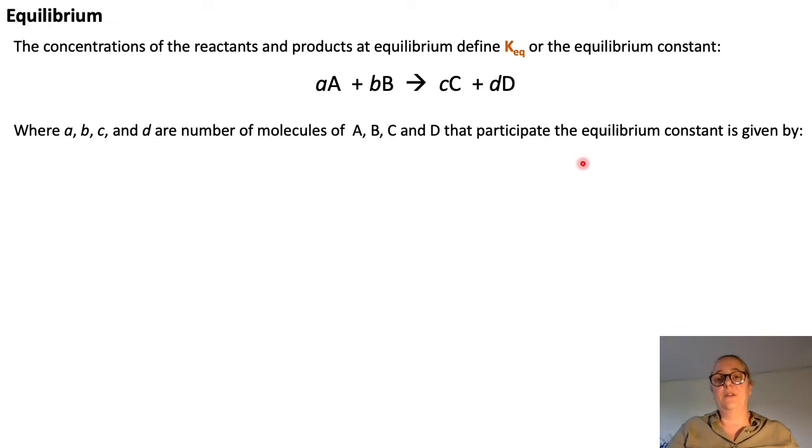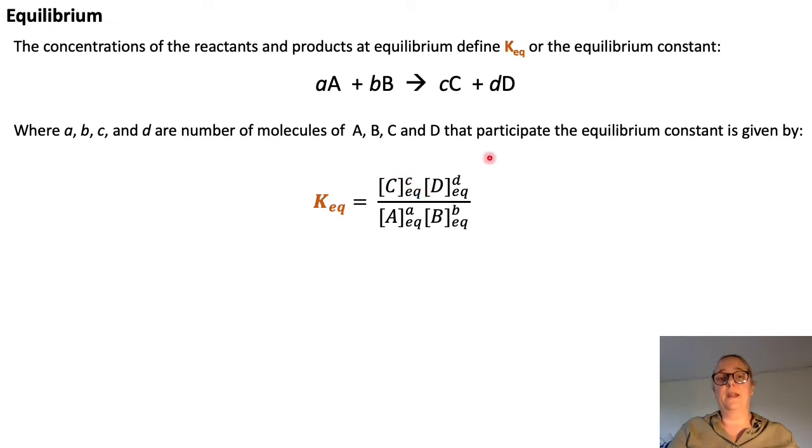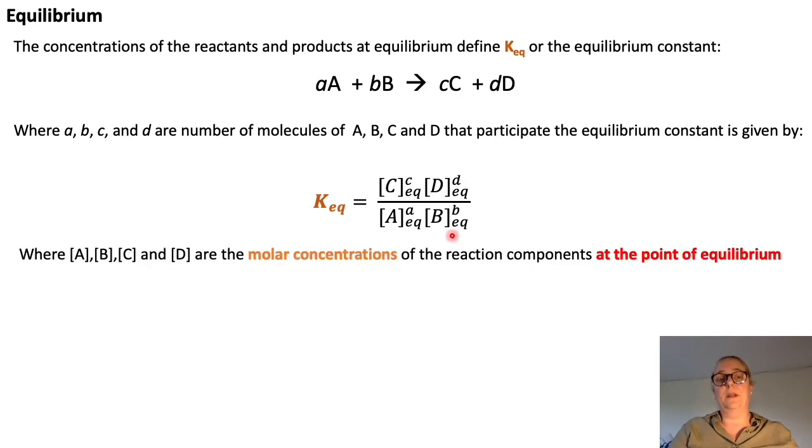Now we can rearrange this as part of the equilibrium constant. We put the products on the top and the reactants on the bottom. So we have the concentration of C to the power c, times the concentration of D to the power d, over the concentration of A to the power a, times B to the power b.